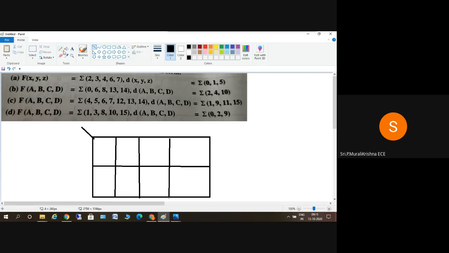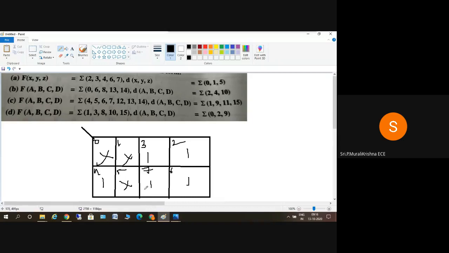So this is 0, 1, 2, 3, and this is 4, 5, 6, and 7. So what are the minterms here? Sigma 2, 3, 4, 6, 7 are our ones, and the don't cares are 0, 1, and 5.